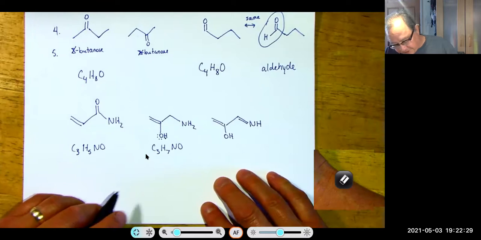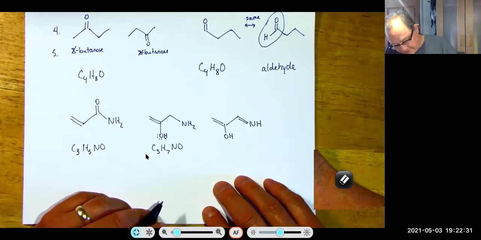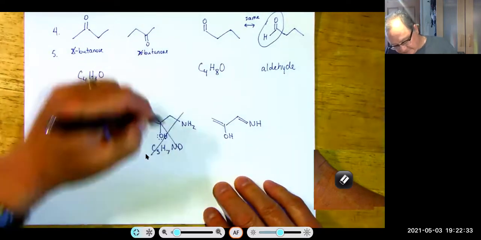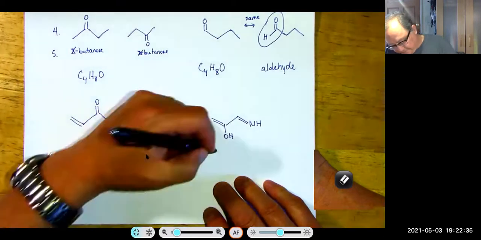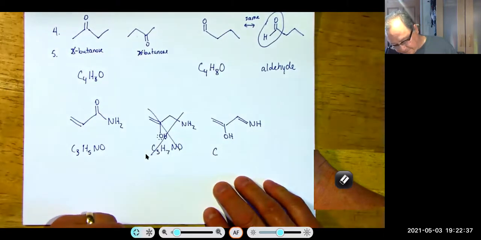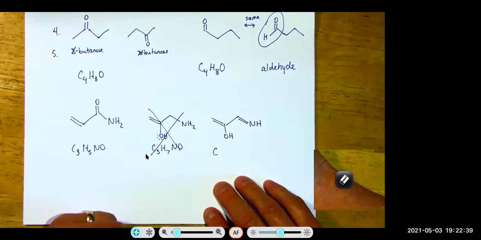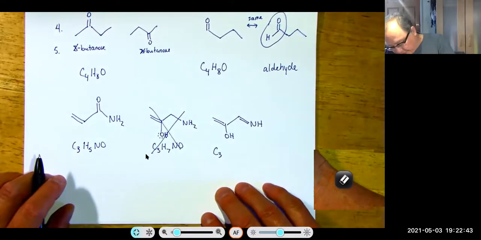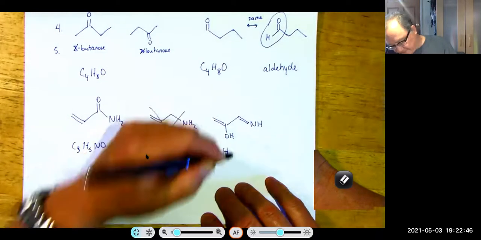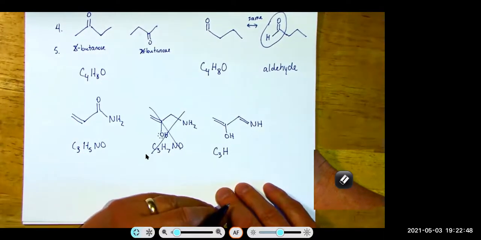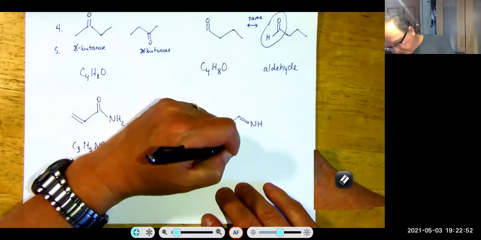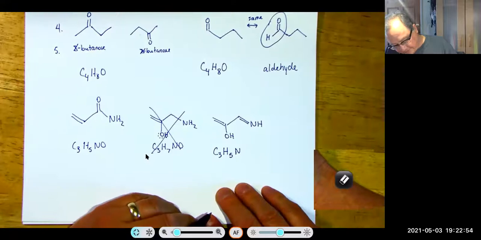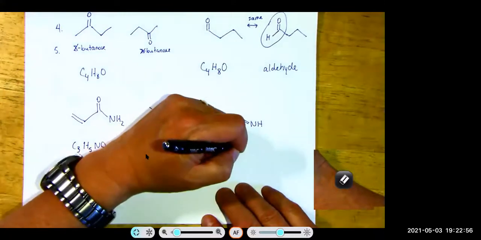So how many carbons in this one? 3. Okay. How many hydrogens? 1, 2, 3, 4, 5. How many nitrogens? 1. How many oxygens? 1.